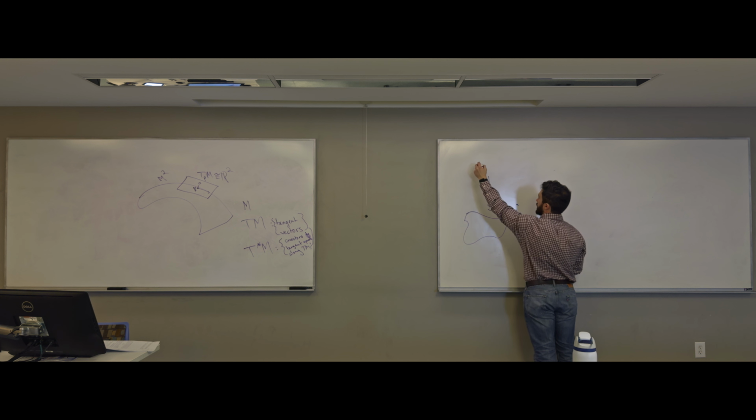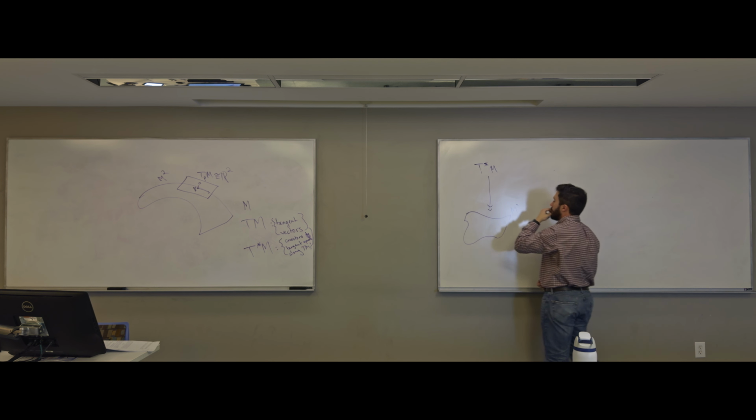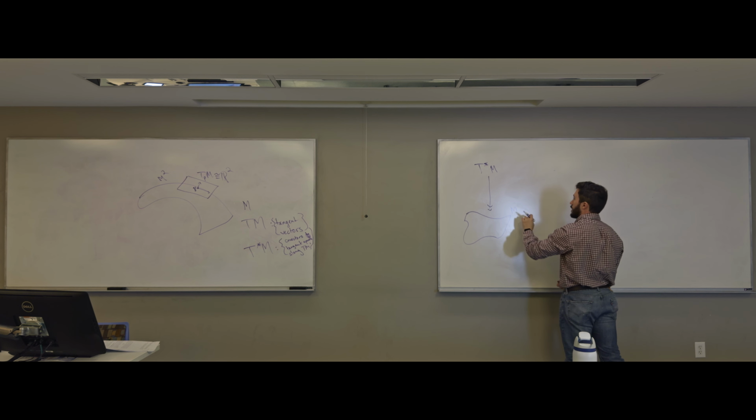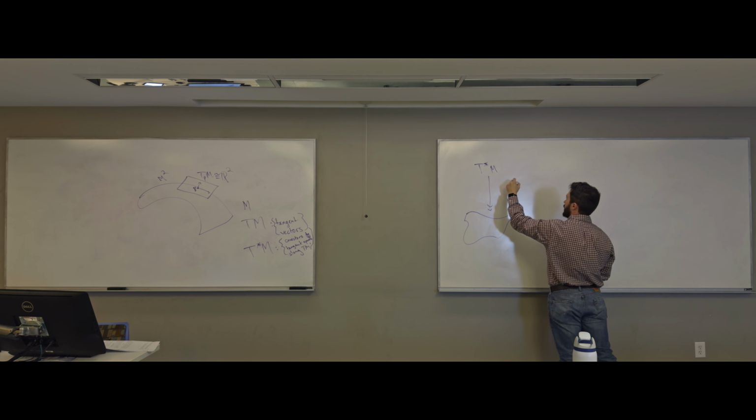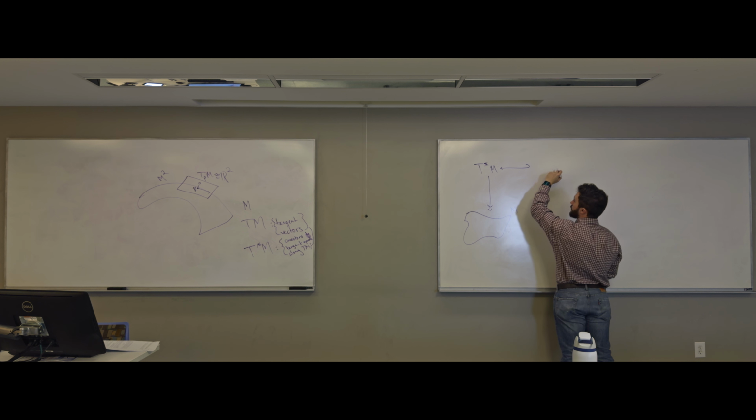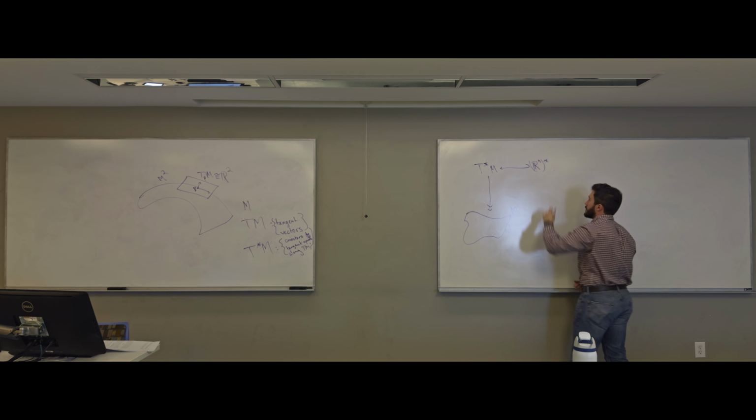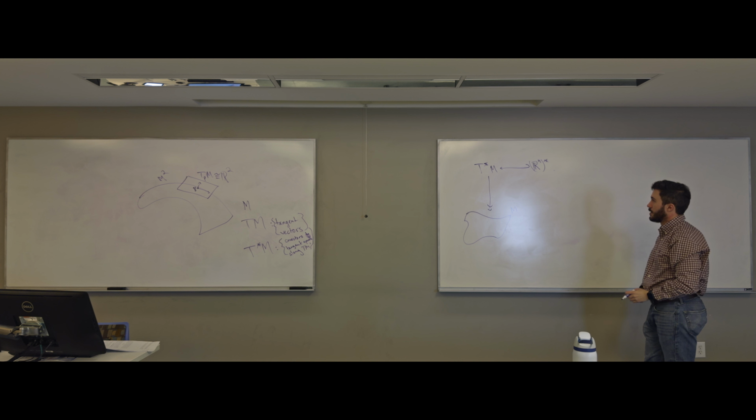So this is going to be T star M, and the fibers are going to be R^n dual, the dual space to R^n.